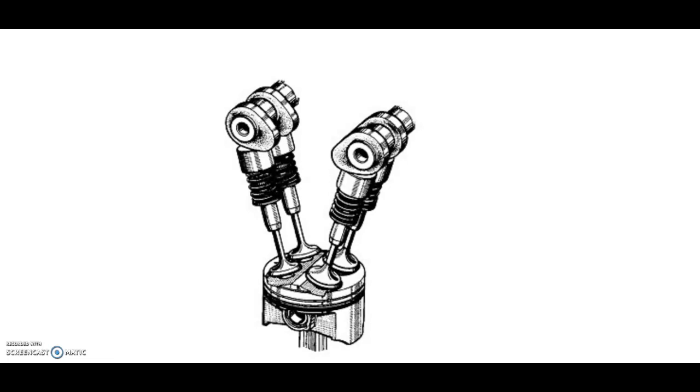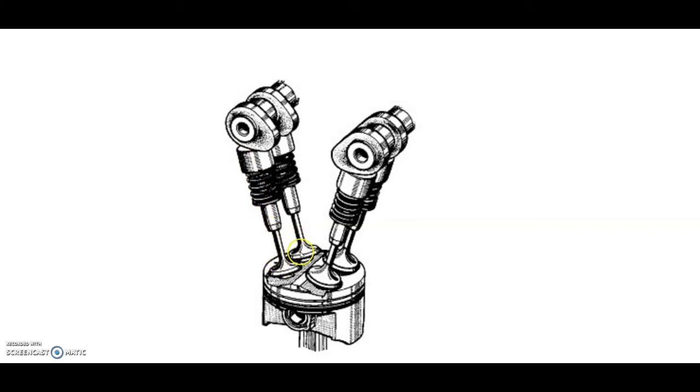So the heavier a component is, the more inertia force it is subjected to. What that means is it's more difficult to get it to speed up and slow down, change its speed, or change direction even, make it open and close. A heavier object is much more difficult to, A, get going, and then B, stop. So there would be a limit to how fast a large single valve could move.